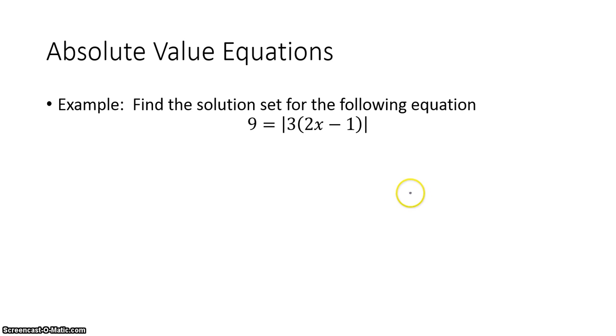So we want to find the solution set for the following equation. Now when we say the absolute value of this object equals 9, by object I mean whatever is inside the absolute value, what we mean is whatever's inside the absolute value, so 3 times 2x minus 1 equals 9, or 3 times 2x minus 1 equals minus 9.